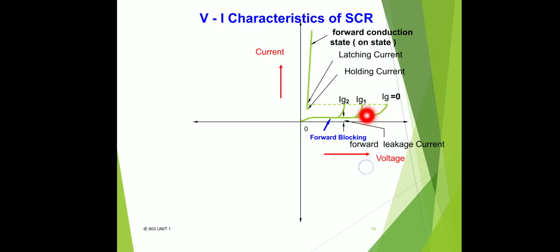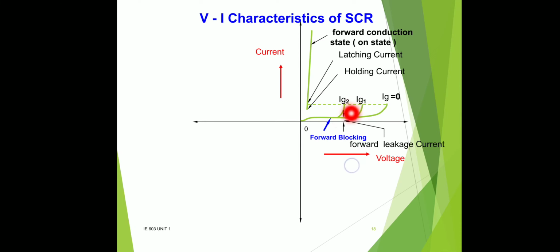Now the second case: consider some positive voltage applied at the gate terminal. The positive voltage applied at the gate terminal also makes junction J2 forward biased. In that state, based on the applied gate current, the SCR can conduct before that, and that means the forward breakover voltage will be reduced.